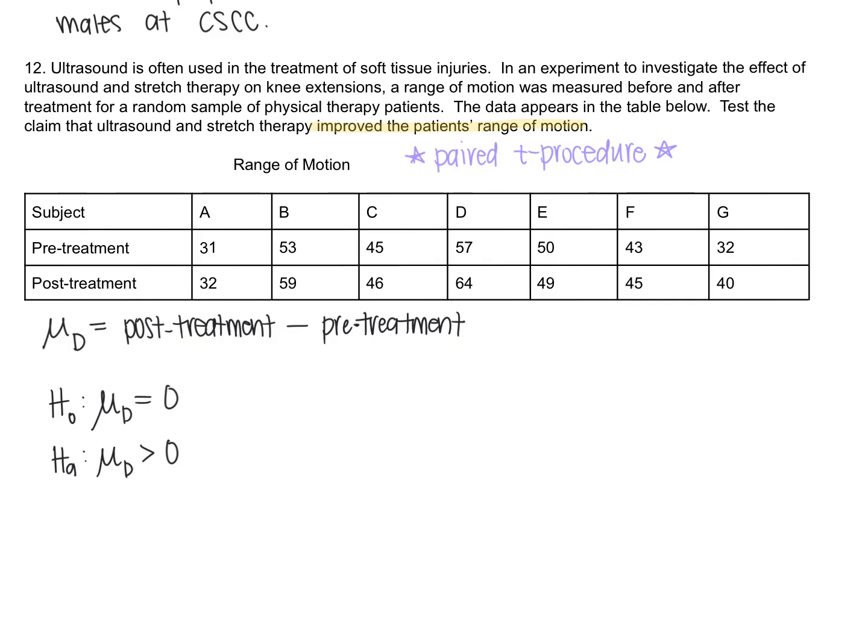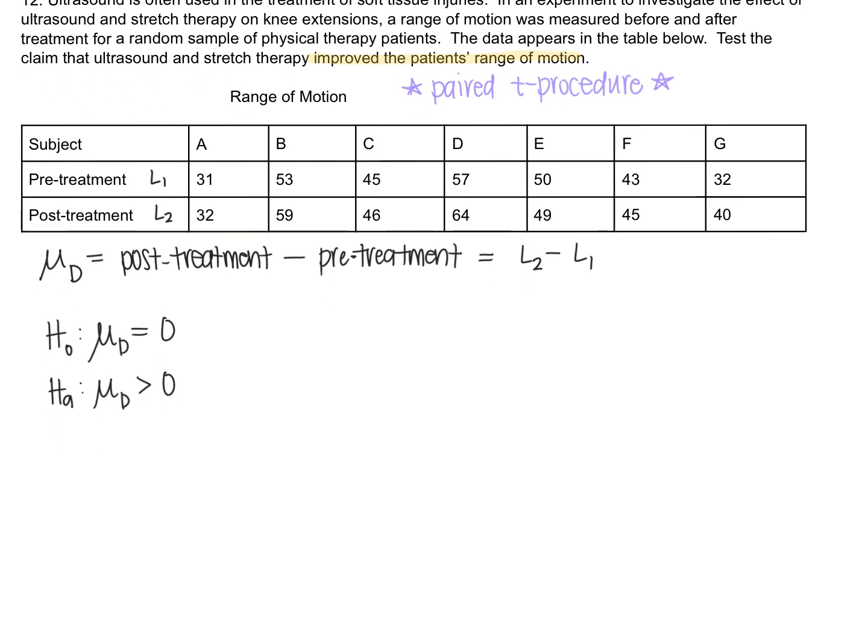The next step is then calculating that sample mean and sample standard deviation. So because it is a mean difference and not a difference of means, we have to do a third list. So I'm going to define list 1 as my pre-treatment and list 2 as my post-treatment, which means when I do my difference, I have to go into list 3 and define list 3 as list 2 minus list 1. And once I do that, then we go to one variable stats.